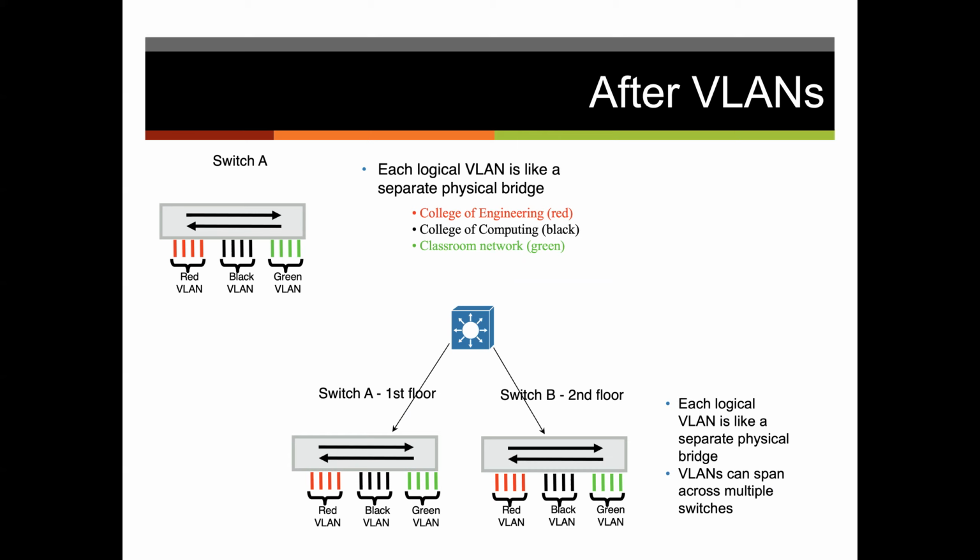And each logical VLAN that we want is a separate physical bridge. So we could have red representing the College of Engineering, black representing the College of Computing, and green representing a classroom network. And we can have switches on each floor, and each logical VLAN is like a separate physical bridge, and VLANs can span across multiple switches.